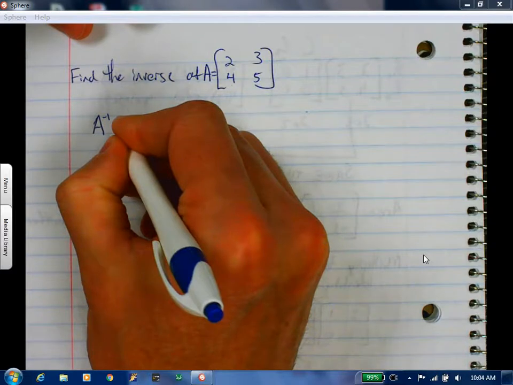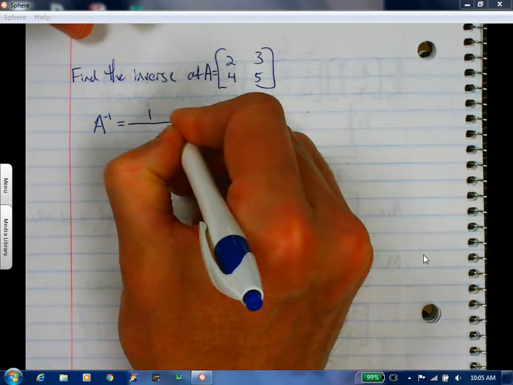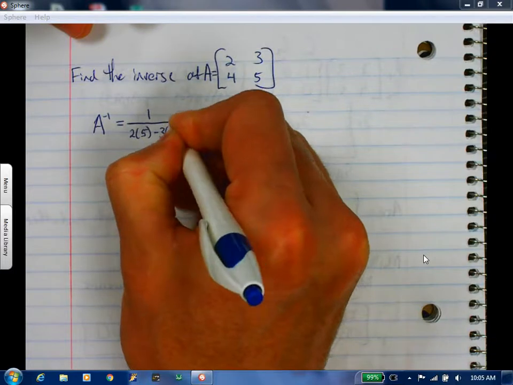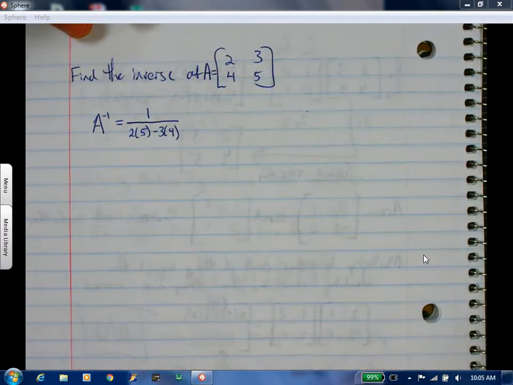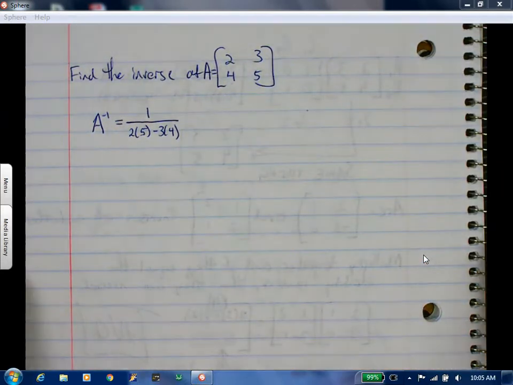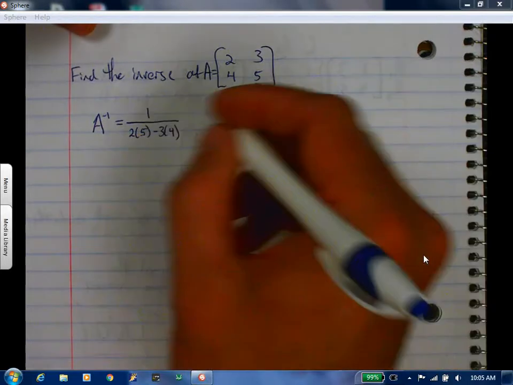A inverse is going to be 1 over 2 times 5 minus 3 times 4. So that's the determinant. Remember the two diagonals and subtracting them. What's that going to equal? This is going to be negative 2 down here, so this is going to equal negative 1/2.